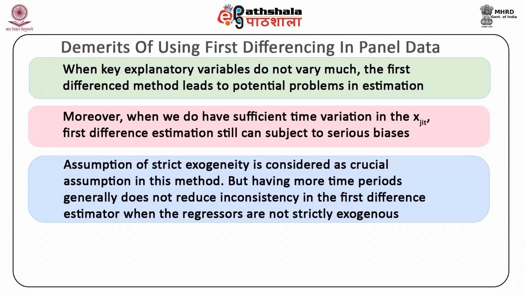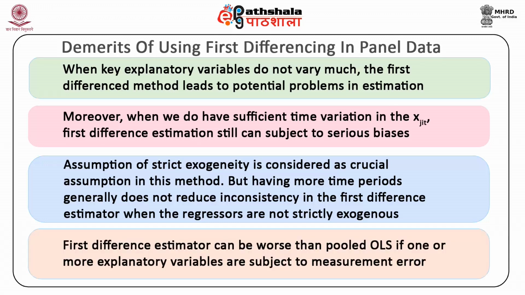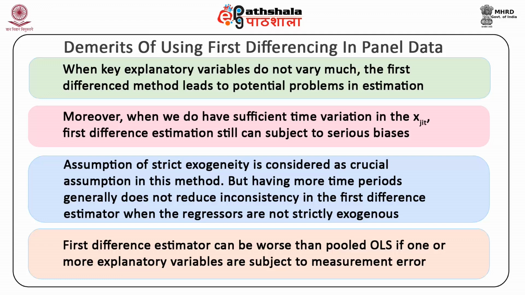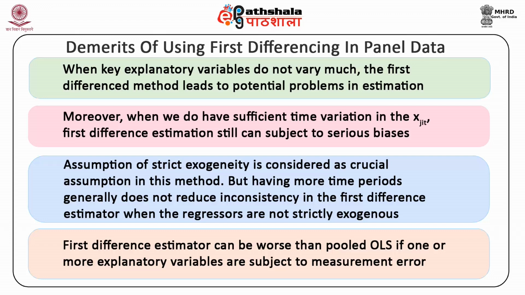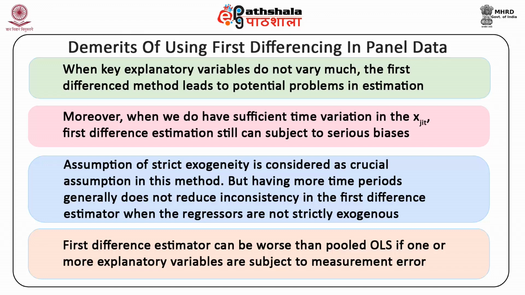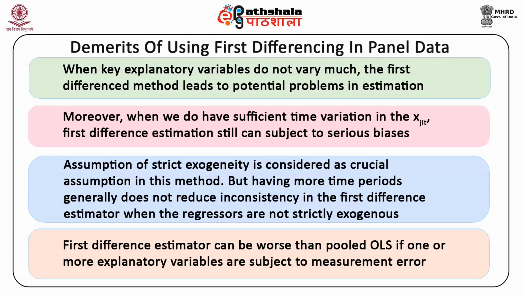The second problem is that the first difference estimator can be worse than pooled OLS if one or more explanatory variables are subject to measurement error. Differencing a poorly measured regressor reduces its variation relative to its correlation with the differenced error caused by classical measurement error. That would lead to potential sizable biases.